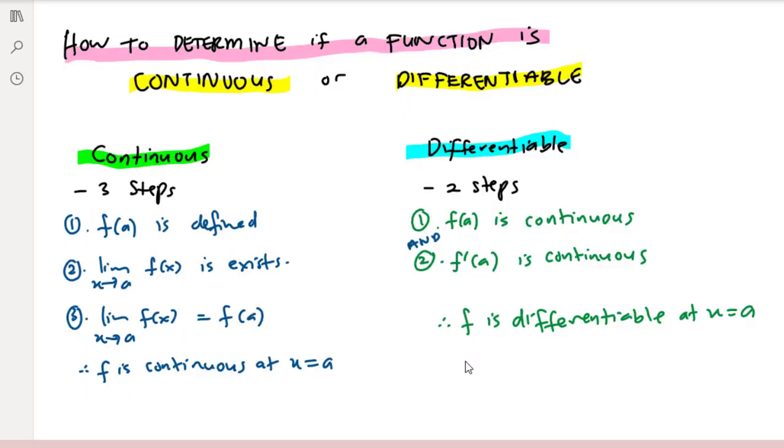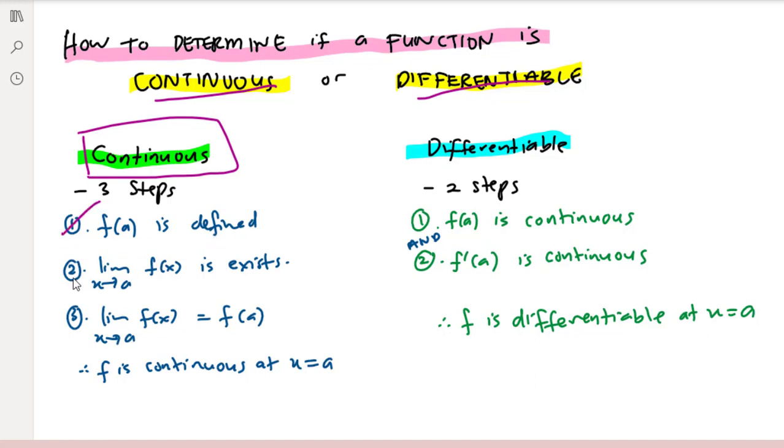In this video, we'll explain how to determine if a function is continuous or differentiable. For continuity, there are 3 steps you need to follow. First, f of a is defined.